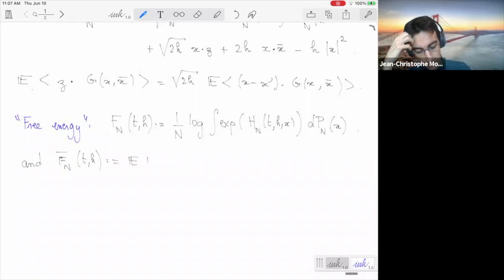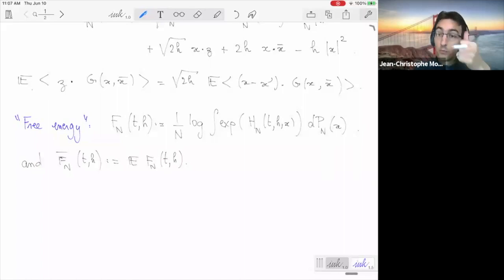Okay, so this is unlike the Curie-Weiss case. In the Curie-Weiss case, the free energy was deterministic, but now we are finally really dealing with a disordered model. So the free energy, as defined in the first line, is still random, and we can take its expectation with respect to W, x bar, and z.